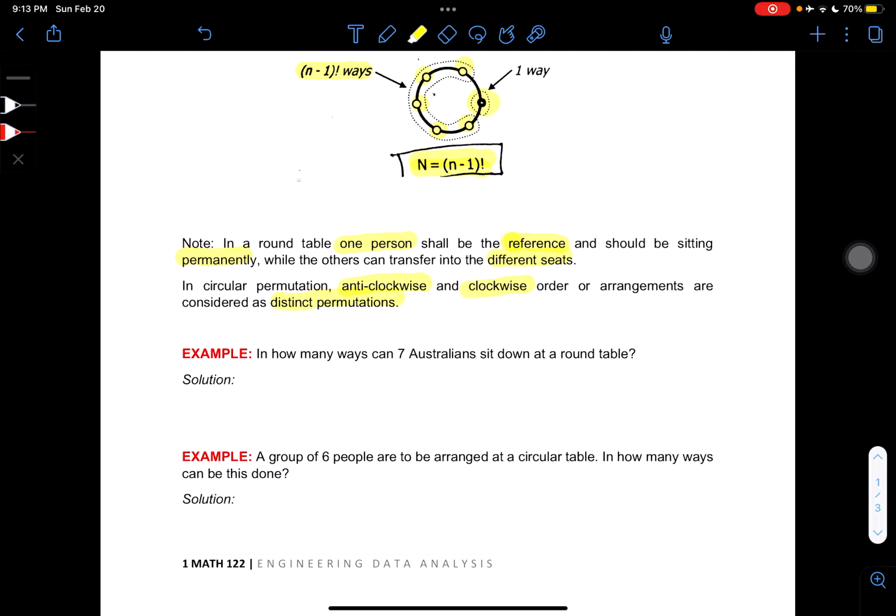Let's have an example for circular permutation. In how many ways can 7 Australians sit down at a round table?